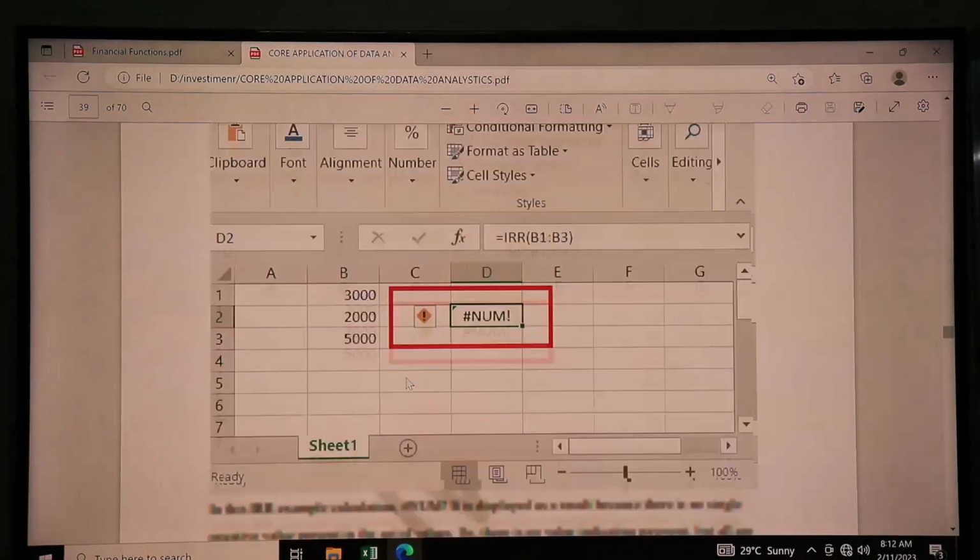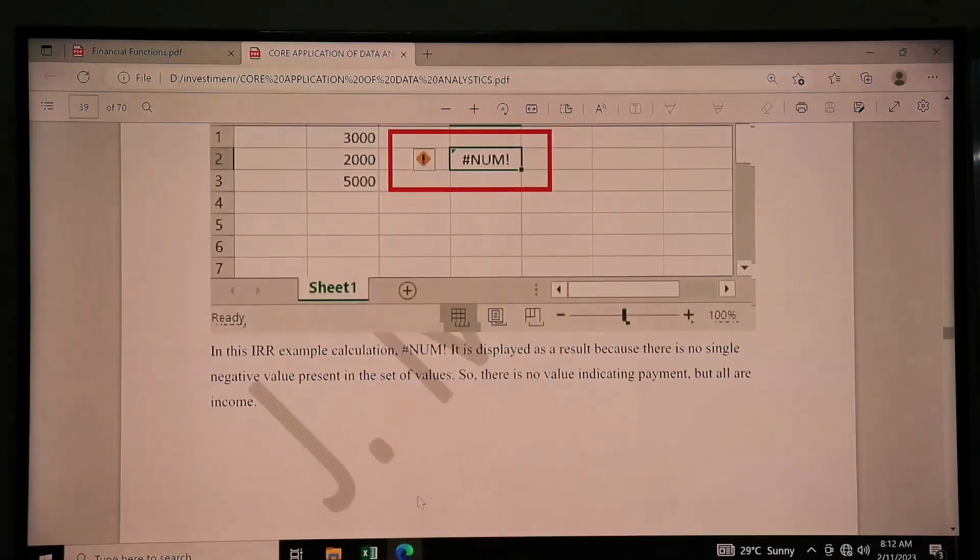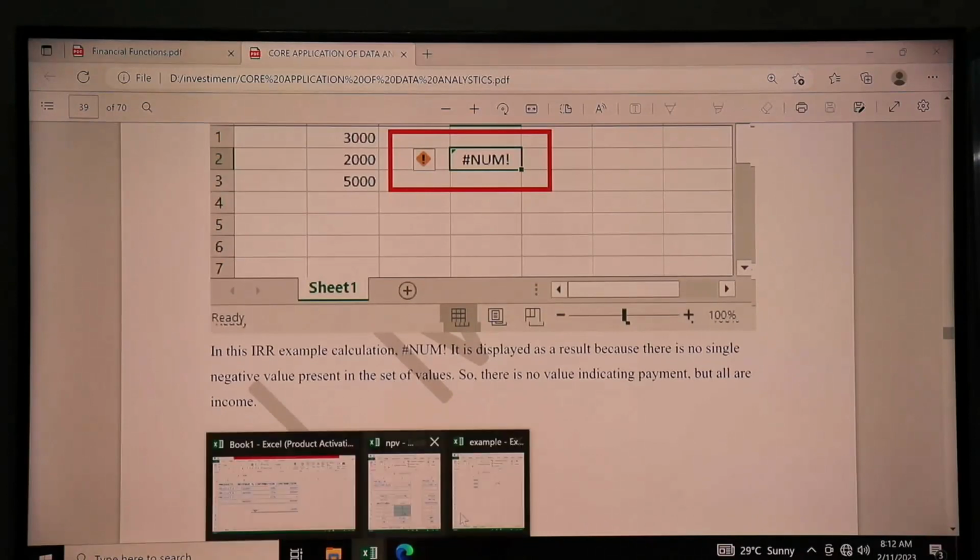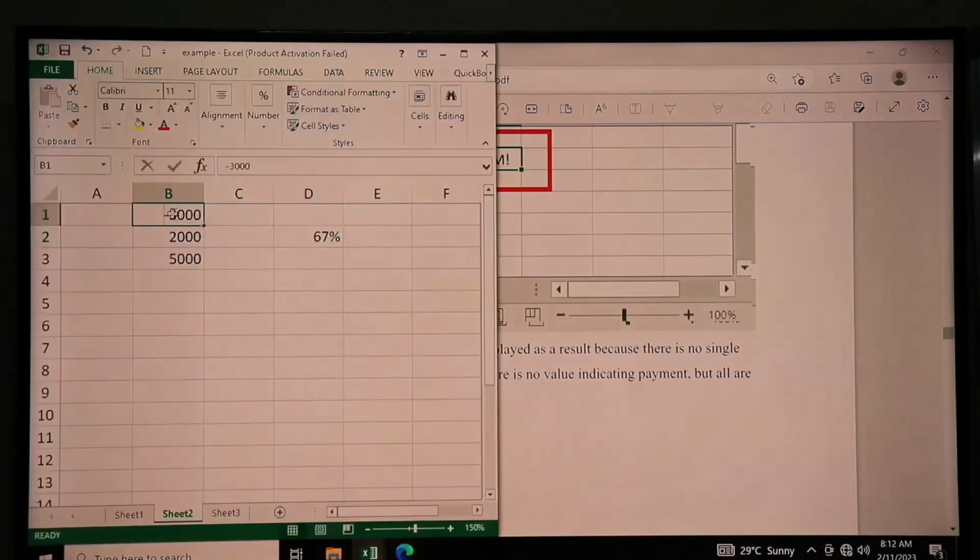But if you check the next part, if the amount invested was put as a positive number, then you'll notice something here. It will give you something like that.